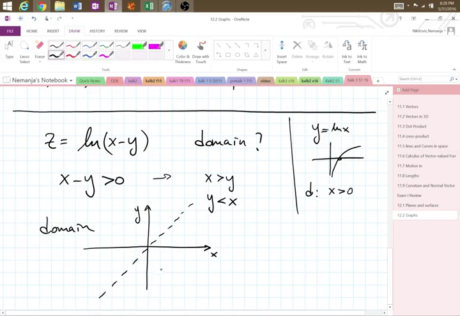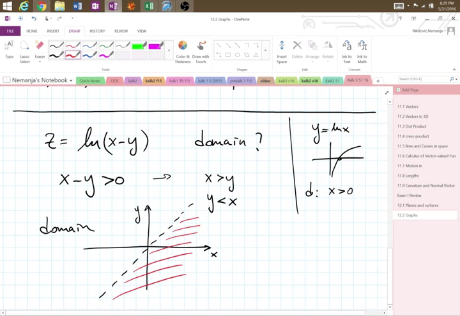Right? Below the line. Or as my algebra students would say, you get to shade US, because it's the US and Canada border. So any point over here, where y is less than x.